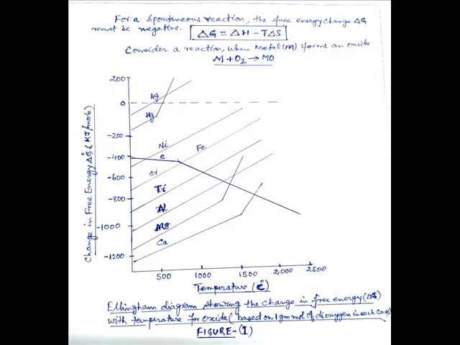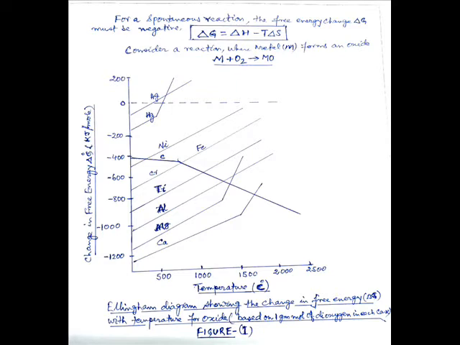Any metal will reduce the oxide of another metal which lies above it in the Ellingham diagram. Just keep the figure before you and try to understand that any metal will be able to reduce the metal oxide above it.